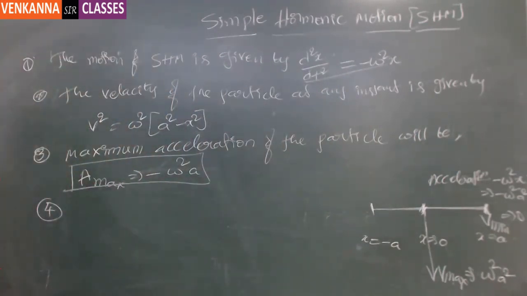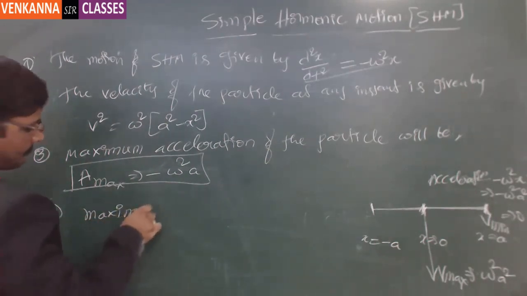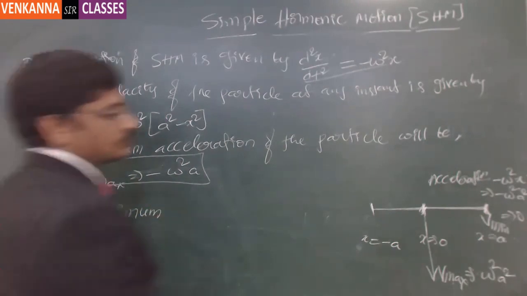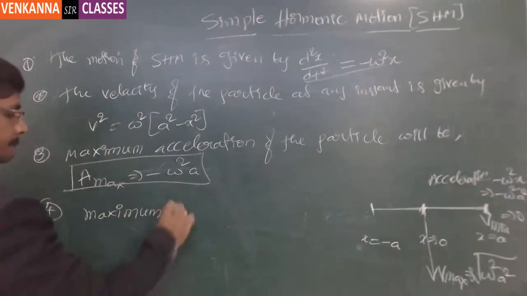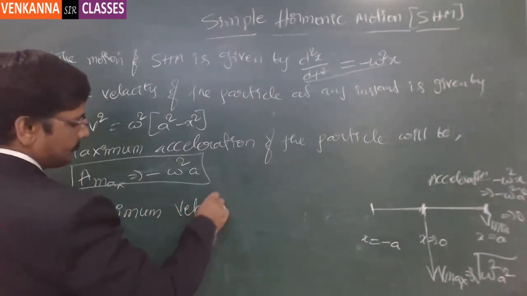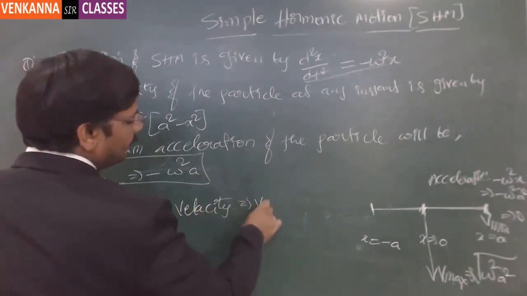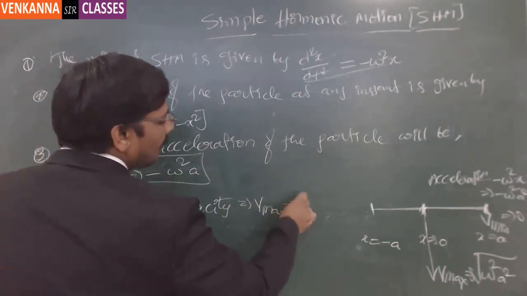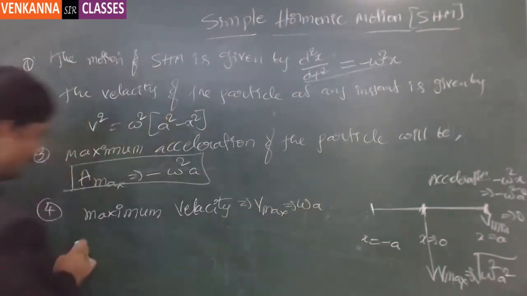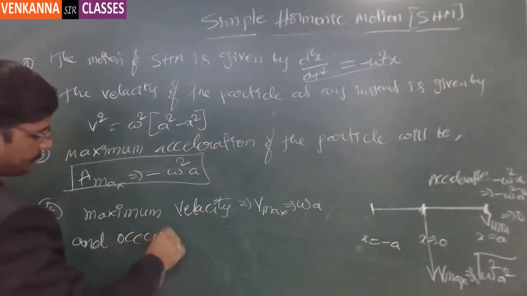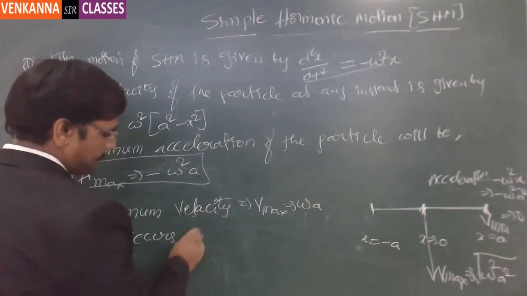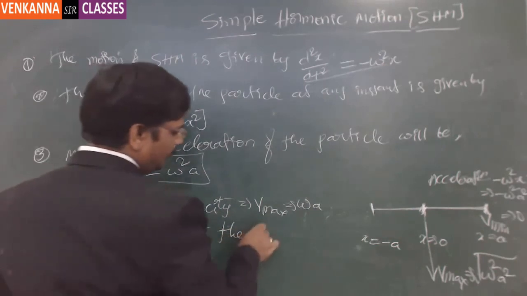And the fourth point is maximum velocity: v max is equal to omega a and occurs at the midpoint.